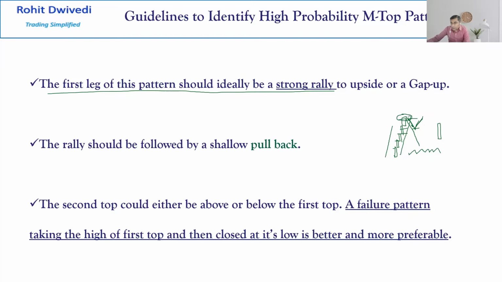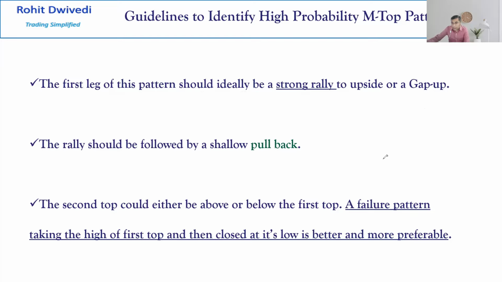Because when prices move down this far or retrace so much of this straight move to the upside, the buyers will again come back around these support areas and push the prices to the higher side, which will completely negate the impact of this pattern.